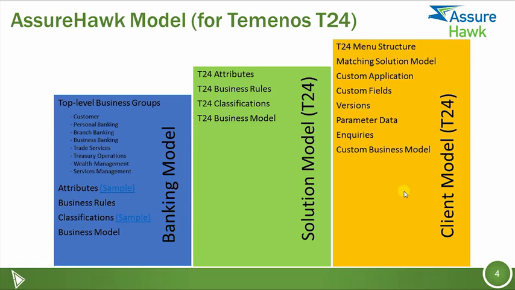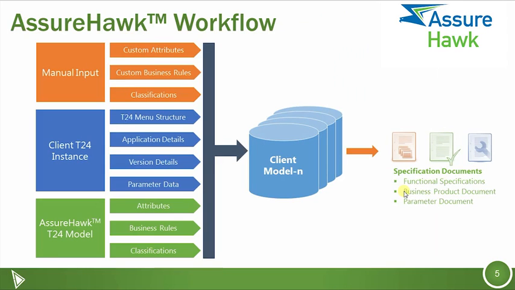For the custom development which has been done, we may have to do those enrichments manually. And once we do those custom related attributes, business rules, and classifications onto the client model, we would be in a position to generate the specifications document.